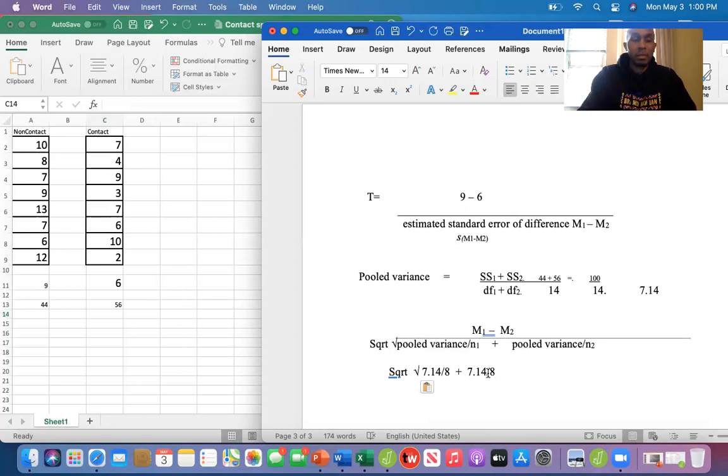Okay, so 7.14 divided by 8, 0.0892. 0.089 plus 0.089 gives you 1.78.